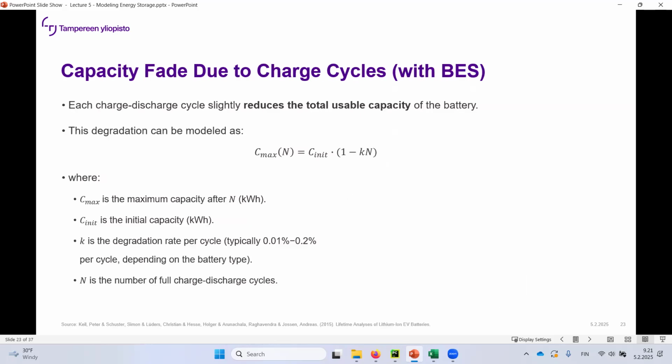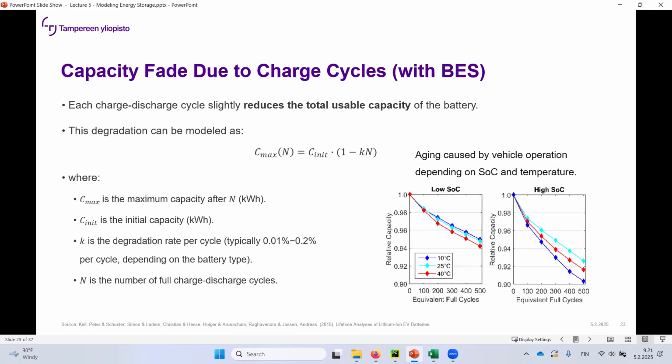Then the systems might face capacity fade due to these charge cycles or due to aging. So, for example, in here, electric vehicle battery aging. So low state of charge and high state of charge. That kind of means the depth of the cycle in that case.